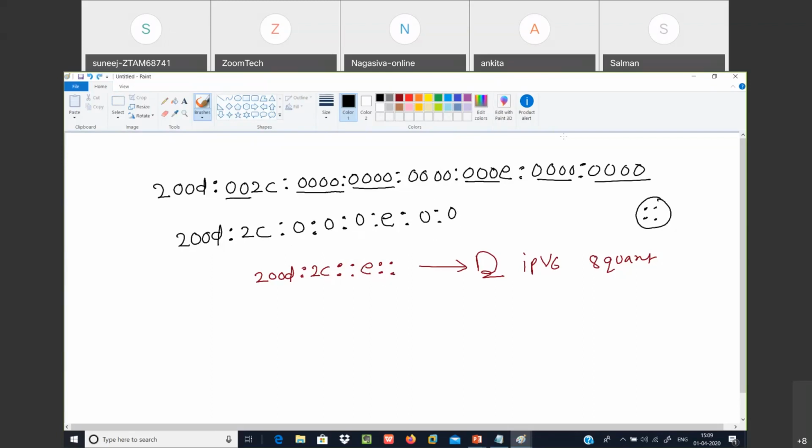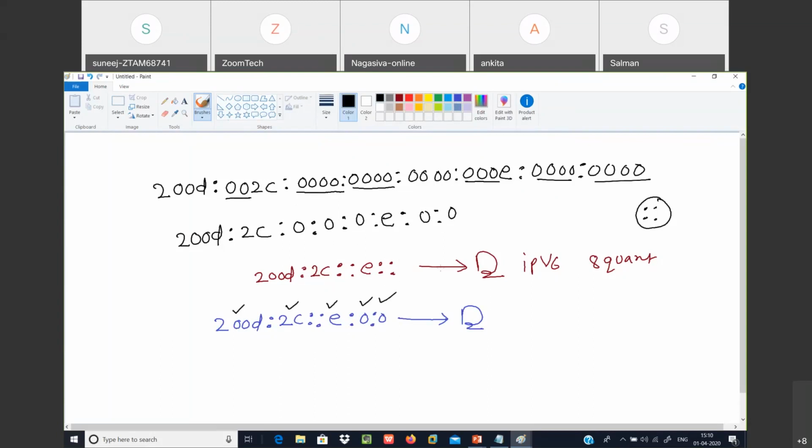Finally, a valid IPv6 address is 200B colon 2C double colon E colon 0 colon 0. So if we assign this IPv6 address to a device, my device will understand 1, 2, 3, 4, 5 fields are available.